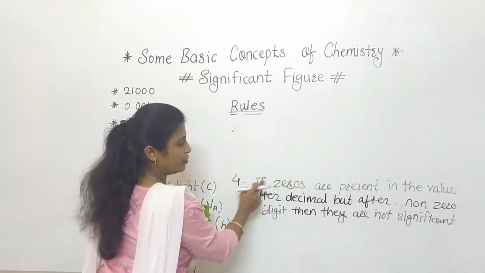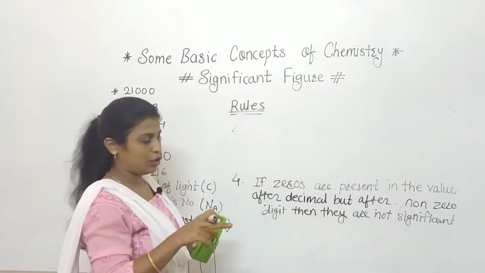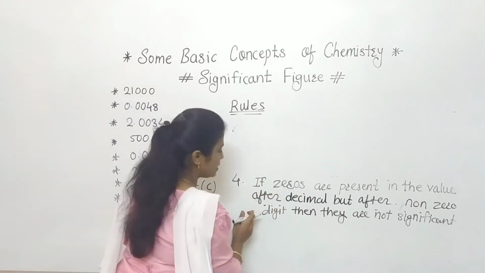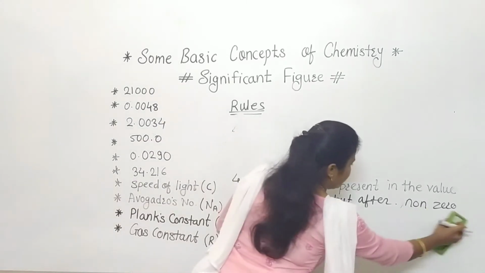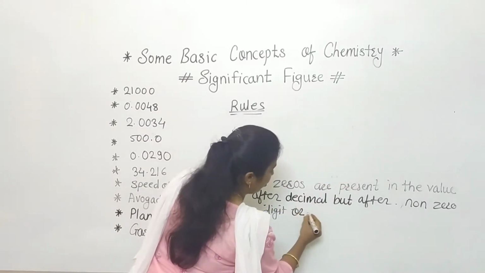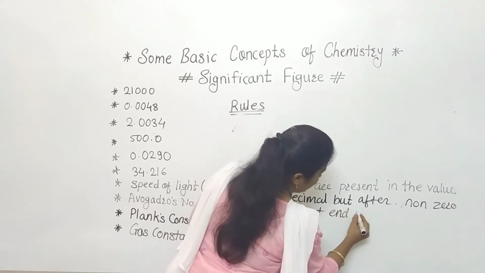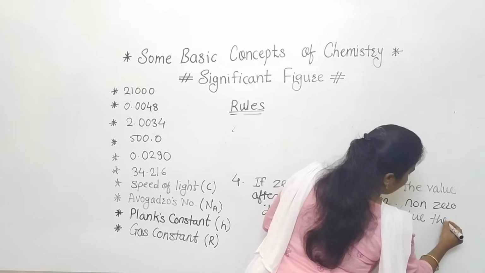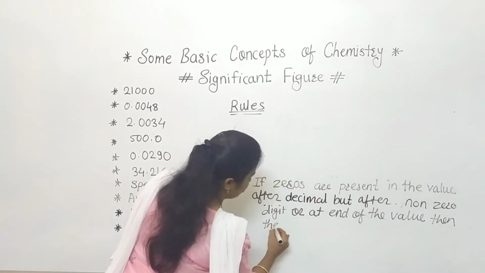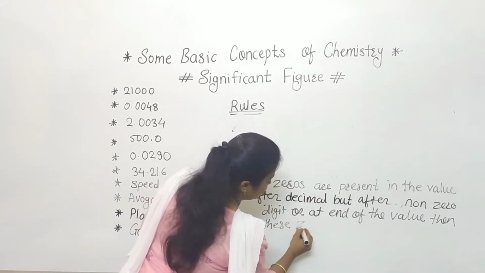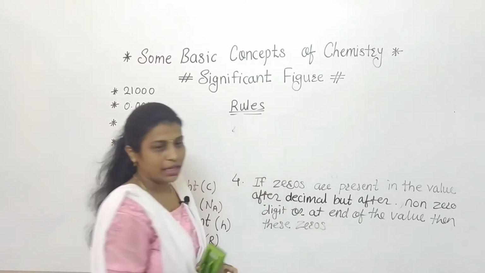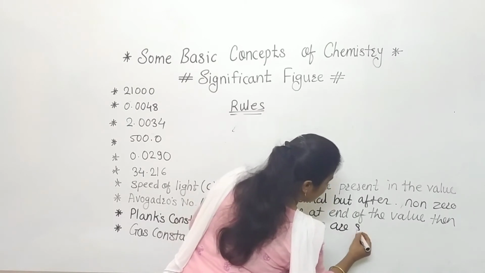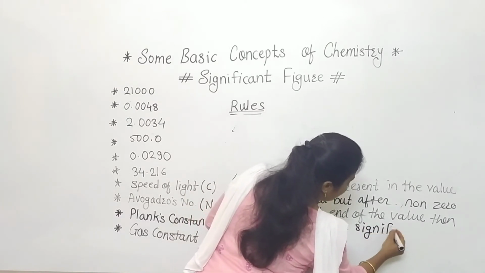Fourth rule is that if zeros are present in the value after decimal but after the non-zero, or we can say that at the end, after non-zero or at the end of the value, then these zeros are significant. अब ये कैसे apply करना है देखो मैं बोल देती हूँ.